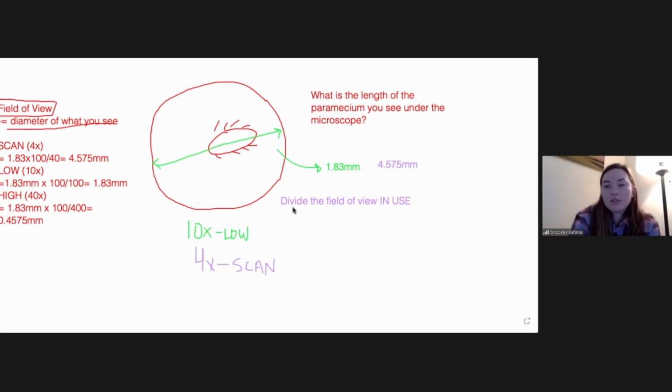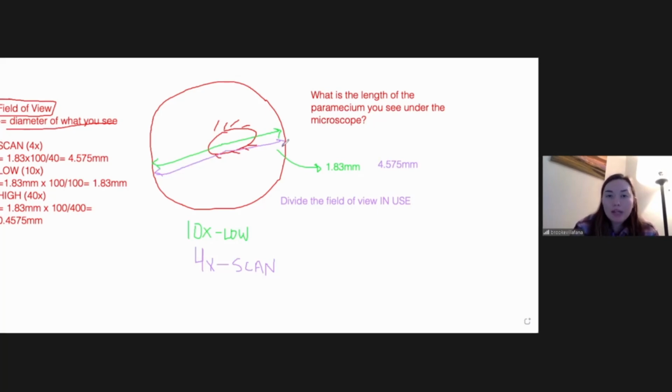Does that make sense? So you're going to take a look at your microscope to determine the diameter of what you see. The circle inside the microscope is going to look the same every single time. What changes is which objective is in use, because it gets you closer and closer to the specimen.